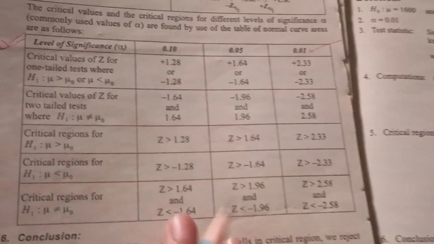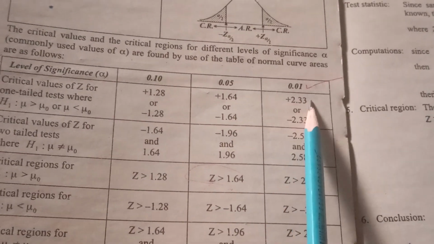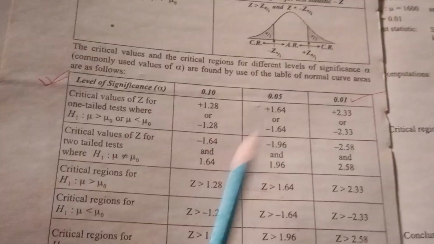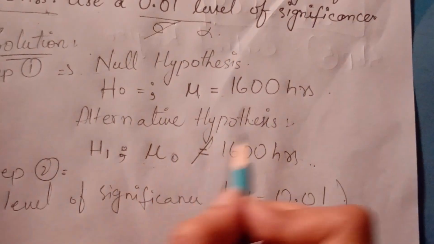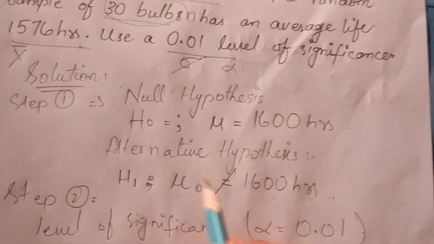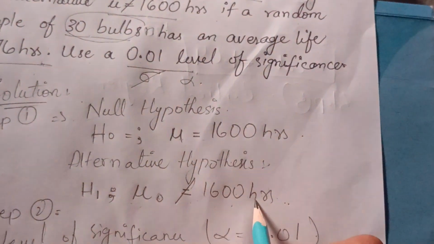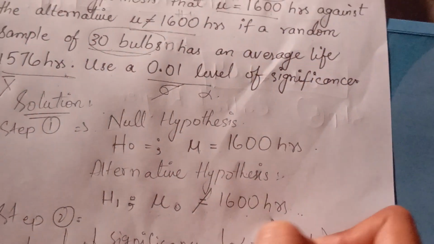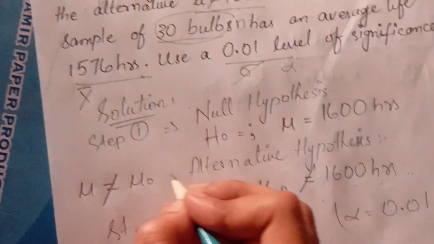There is a table in the book. So the level of significance is 0.01, and we have a situation here, that is the alternative hypothesis is not equal to 1600.